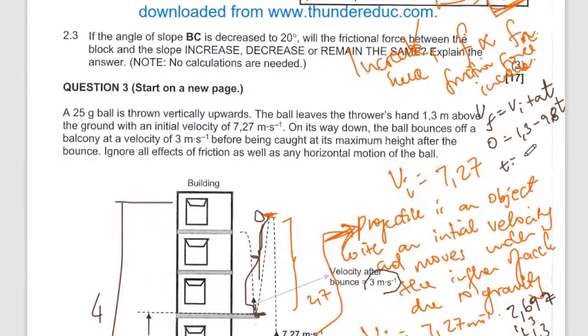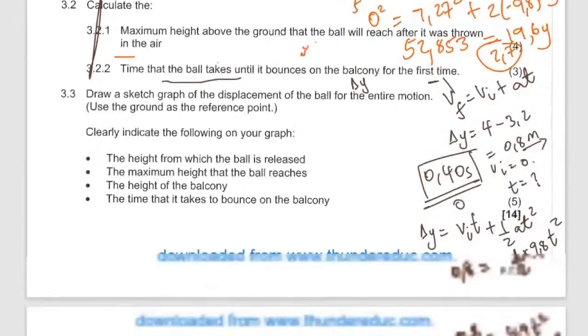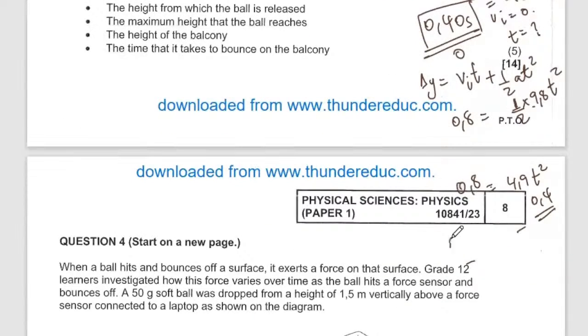So which means our t is going to be 1.3 divided by 9.8, which is 0.132. Okay, so then I can add the 0.4 plus the 0.3.